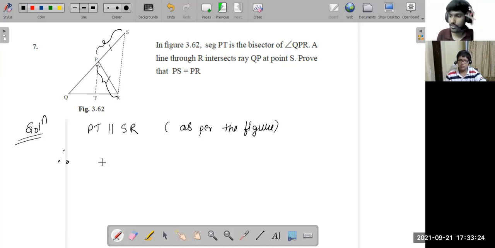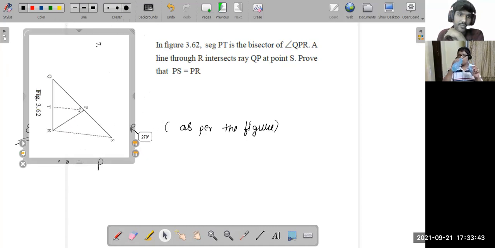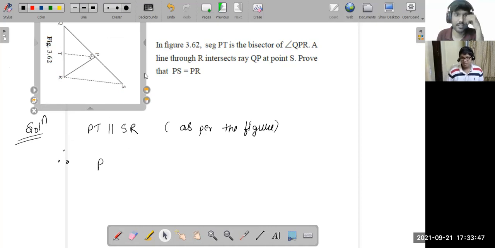PR. Okay. Actually, it's not only PR. A transversal is a line that intersects the parallel lines in two distinct points.